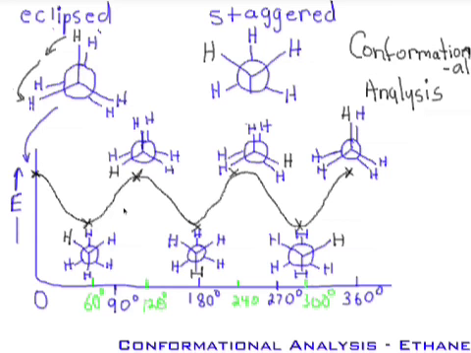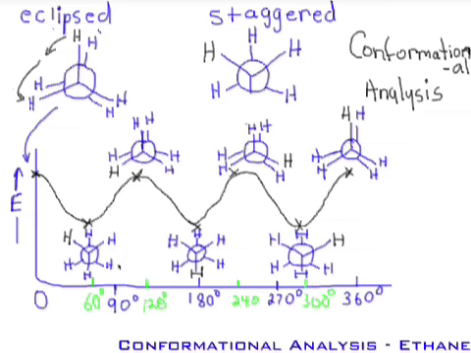Now, if I was to ask you a question for this, you would not have to draw the graph. Rather, I would provide you with the graph, and you would have to draw the structures at the labeled positions. And of course, the labeled positions are going to be the peaks and valleys. This is relatively easy for a molecule like ethane. You see that the peaks and valleys are all basically the same.